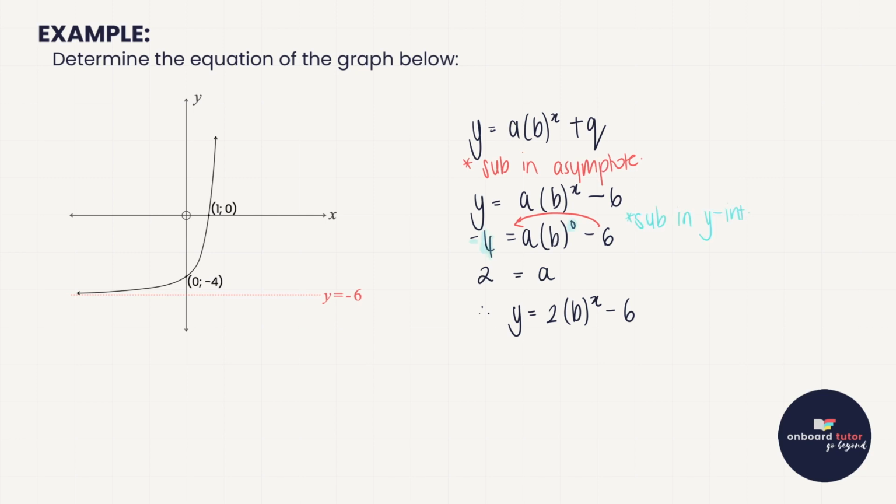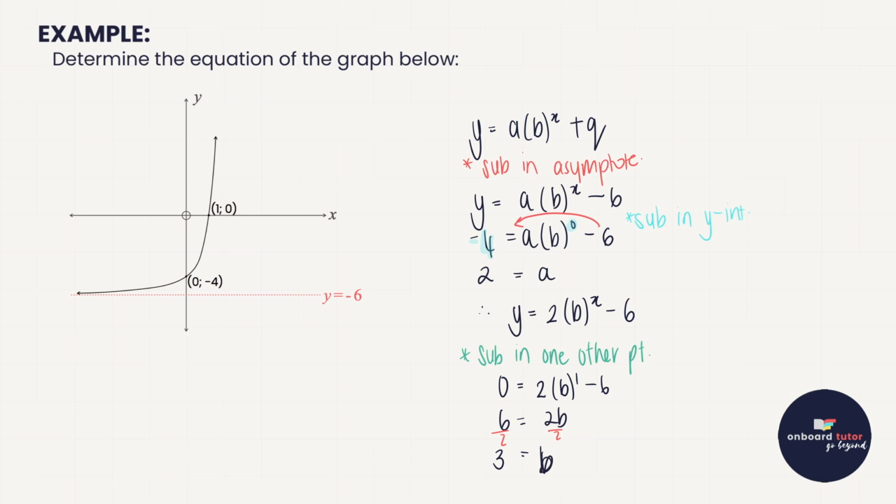So the other point there is 1 and 0. So 0 is equal to 2 times b to the power of 1 minus 6. So that ends up being 2b, let's take that minus 6 over, is equal to positive 6. And divide both sides by 2. And so we end up with b is equal to 3.